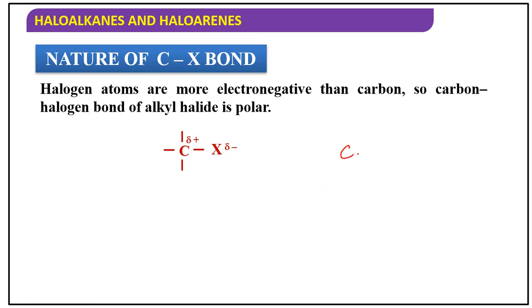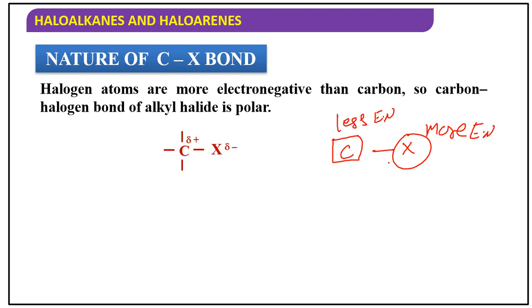See here, carbon and halogen. Halogens are more electronegative elements. Carbon has less electronegativity. So the electronegativity difference is more, and obviously the bond pair electrons move towards the more electronegative atom.